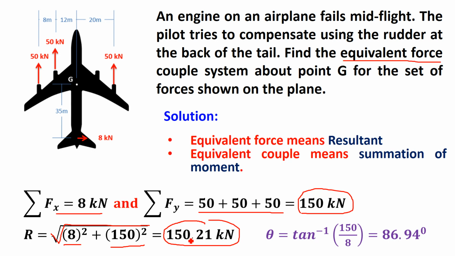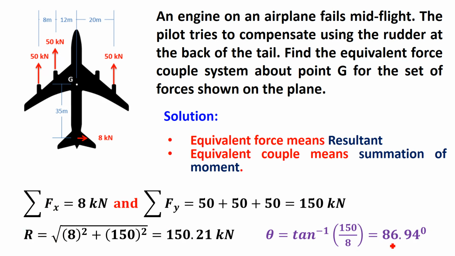Now to find the direction of this resultant, we know that direction theta is equal to tan inverse of summation of Fy upon summation of Fx. If you put summation of Fy as 150 kilonewton and summation of Fx as 8 kilonewton, the answer for theta is 86.94 degrees.